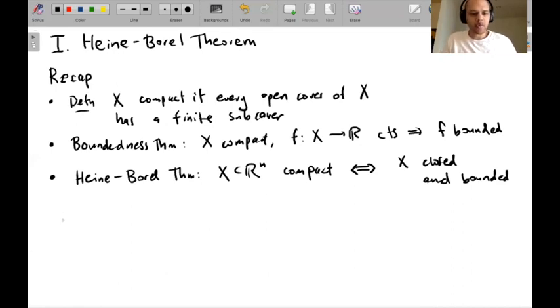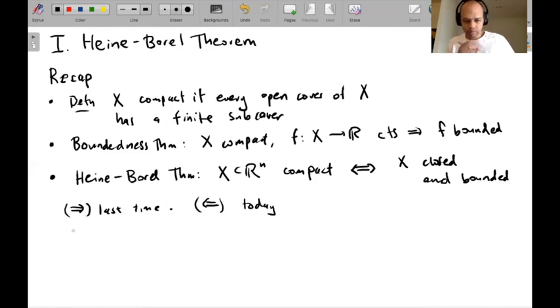So last time we proved this direction, and today we'll prove the reverse direction. Okay, so closed and bounded implies compact.